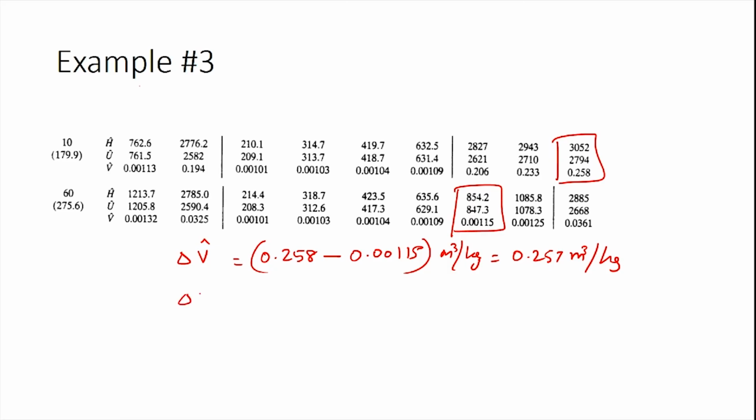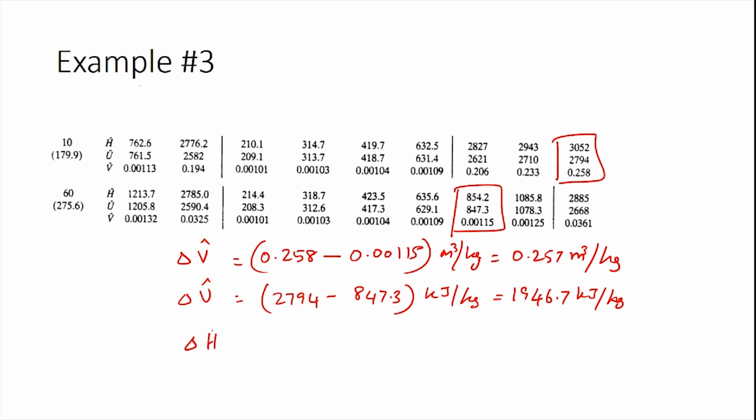So, we have delta U cap as 2794 minus 847.3 kilojoules per kilogram, giving you a value of 1946.7 kilojoules per kilogram, and your delta H cap would be equal to 3052 minus 854.2 kilojoules per kilogram, which is equal to 2197.8 kilojoules per kilogram.